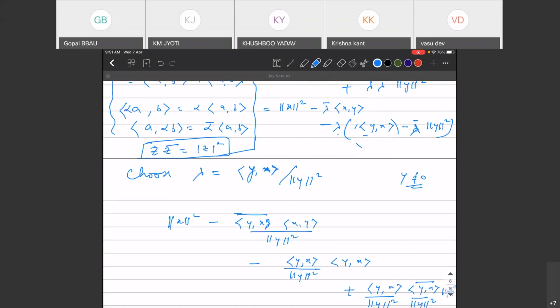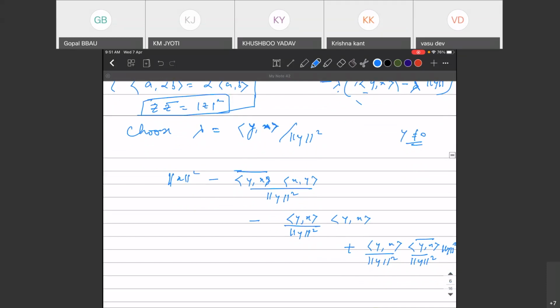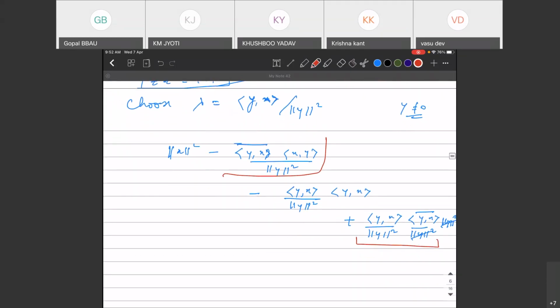This part is lambda, this part is lambda bar, and this is norm y squared, so norm y squared gets cancelled, and these two parts also cancel. You are left with norm x squared minus a scalar, and this is a scalar.